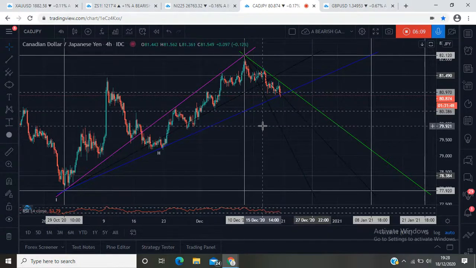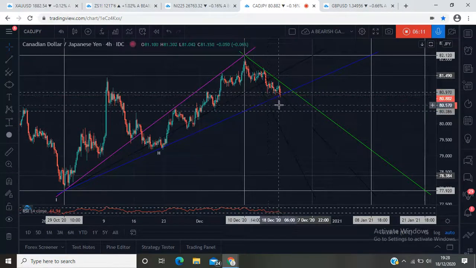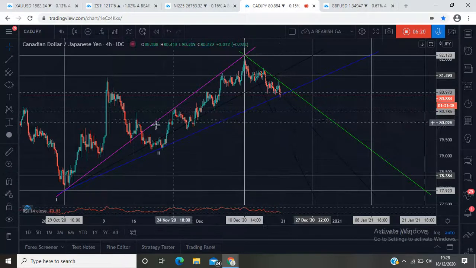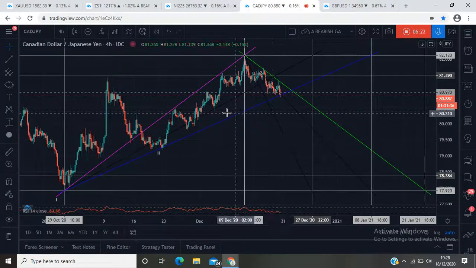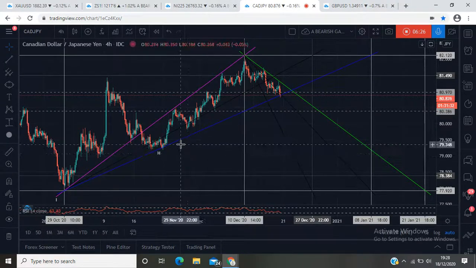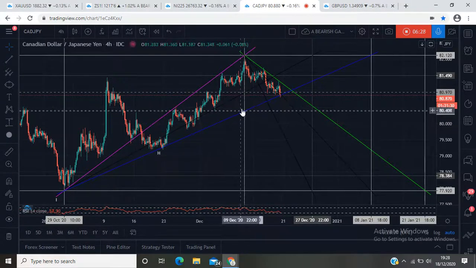So we expect that currently, as the price is holding between these two diagonals, if this lower diagonal breaks, then this dynamic support here, where this diagonal cuts the side of the square, will be the next stronger support to hold price.